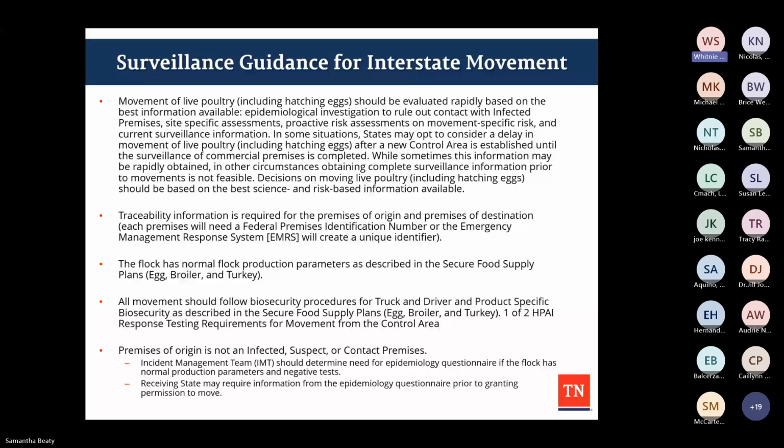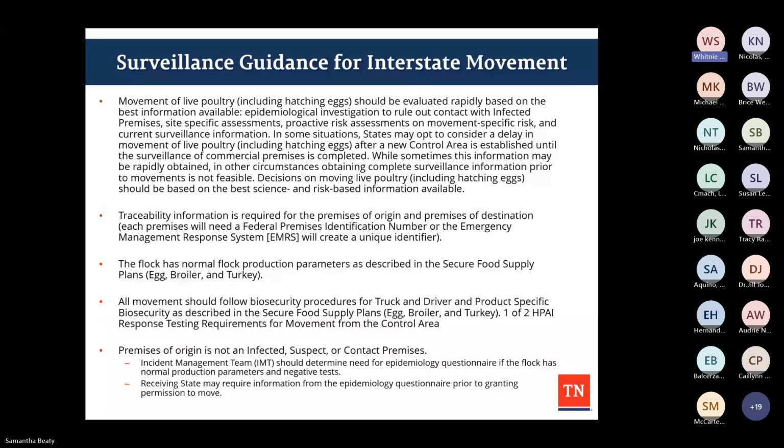And then just making sure, again, that that premises that's wanting to move something is not infected or potentially a contact premises. So apart from doing that initial contact tracing and epidemiology we do at the beginning of an outbreak, there's also some questionnaires that have to be filled out throughout the process, as well as every time we're permitting movements, just to make sure that you can continue to demonstrate that your farm is not at risk for potentially being an infected premises.